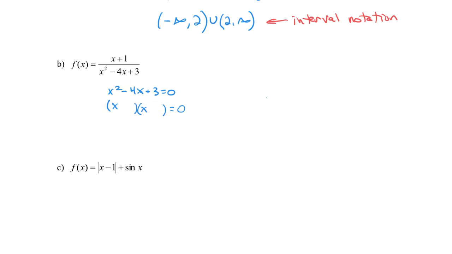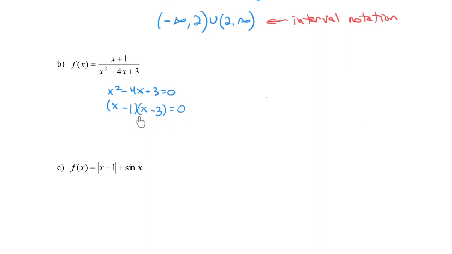It's just going to be 1 and 3. And then we know that outside times outside and inside times inside have to add up to -4, all right? So if we make a negative here and a negative here, then it should work. So if I were to FOIL this, it means multiply these two binomials together, I should get back here.